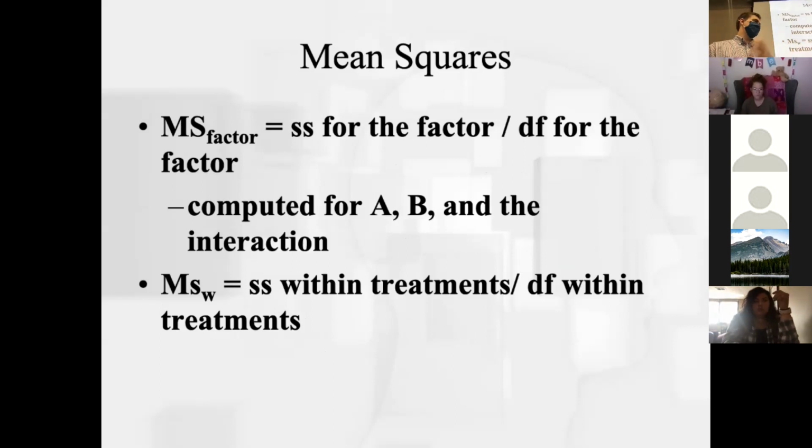That mean squares within, as always, is that sum of squares within treatments divided by the degrees of freedom within treatments. So again, this is the same as we've always done, just reiterating. Mean squares is always sum of squares over degrees of freedom.